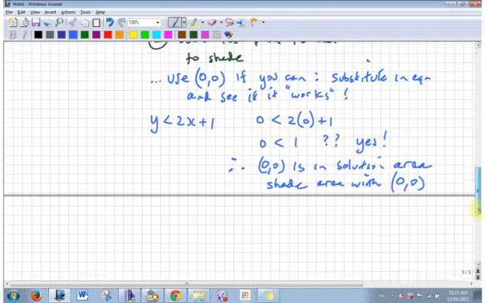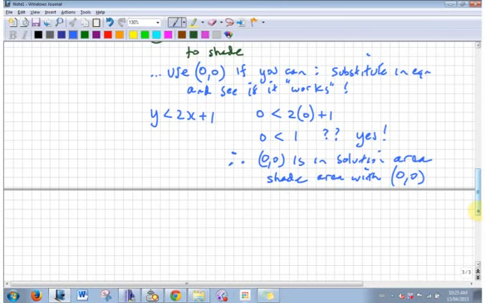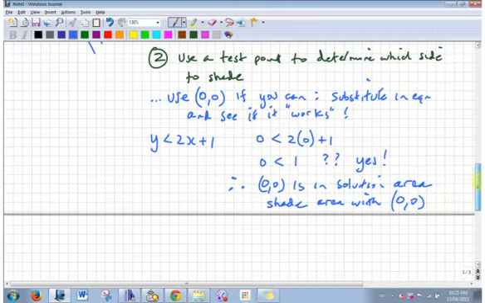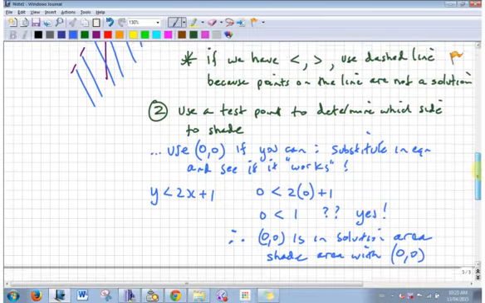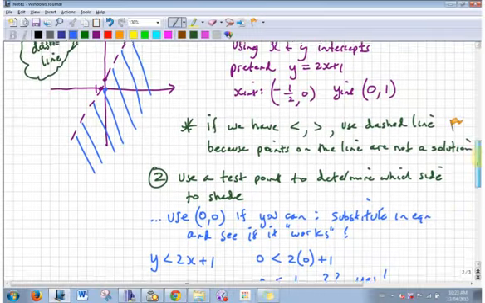So I'll give you a sec to completely copy that down, and then I'll test another point, just to show you. Every point that I shaded there is going to work in this equation.